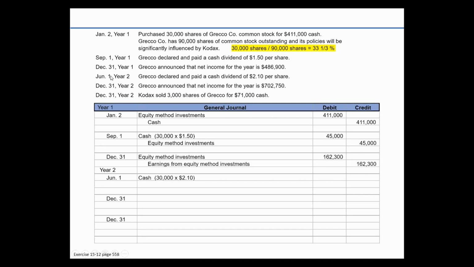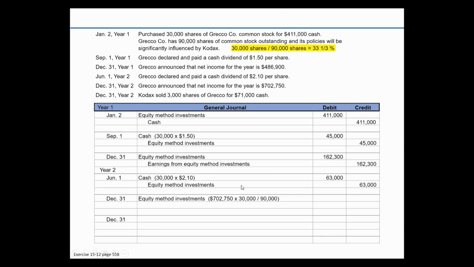And then in year two, in June, Greco declared and paid a cash dividend of $2.10 a share. So again, we have a debit to cash in the amount of $63,000. Again, 30,000 shares multiplied by the dividend per share of $2.10. And then we would credit the equity method investments $63,000.